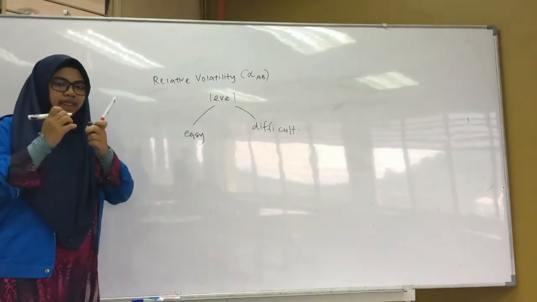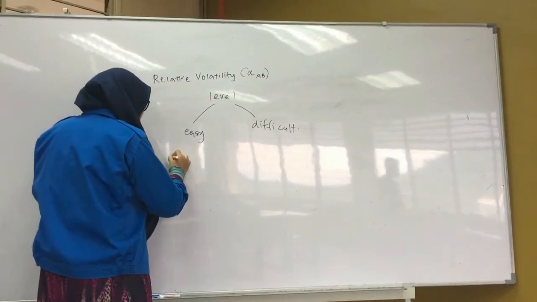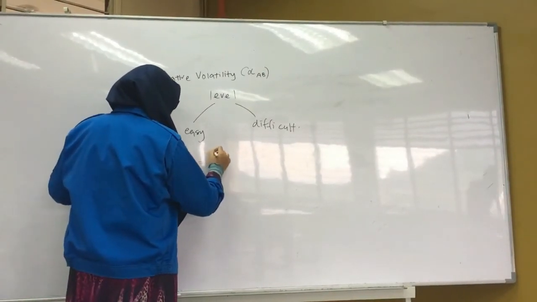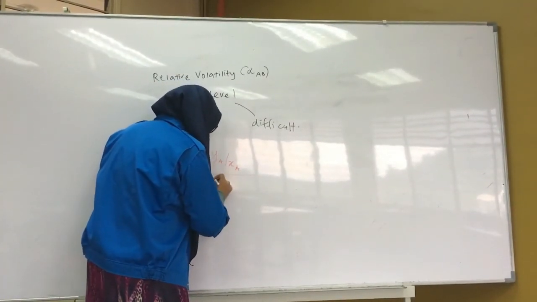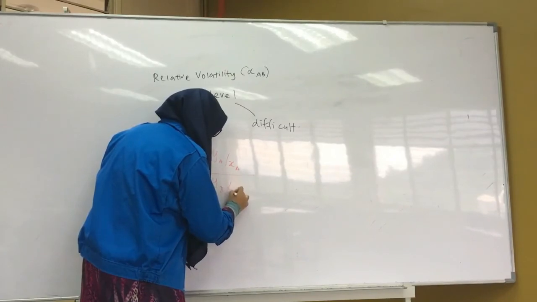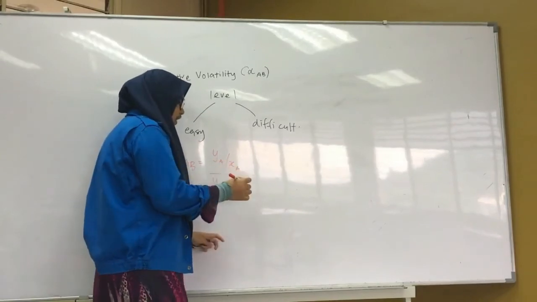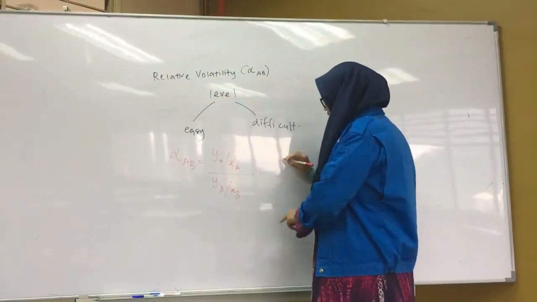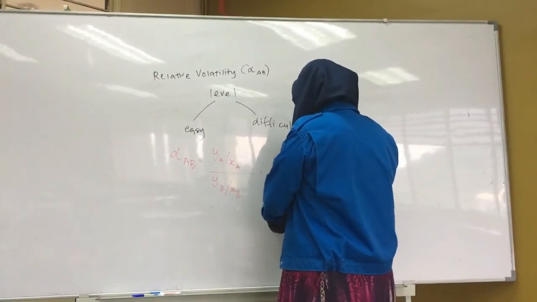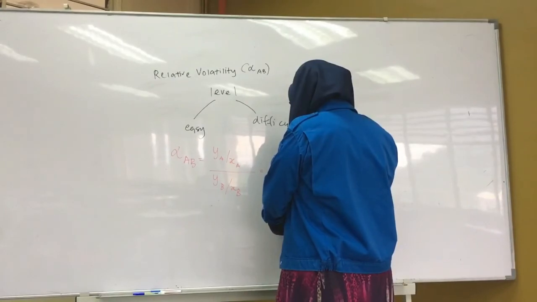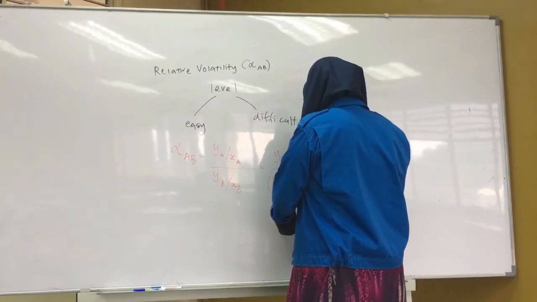The formula for relative volatility is alpha AB equals YA over XA divided by YB over XB. Since the only component that we want is component A, it becomes YA divided by XA over 1 minus YA divided by 1 minus XA.